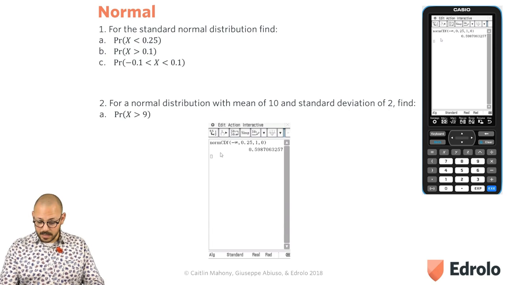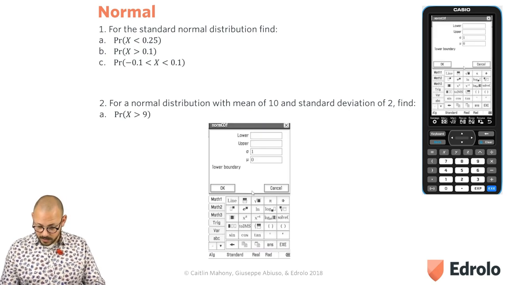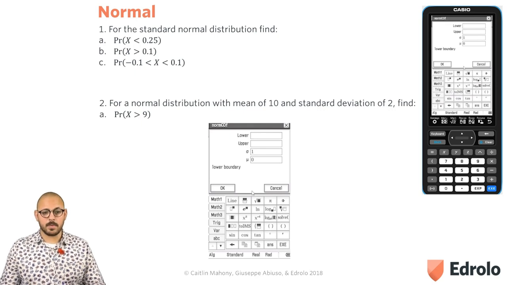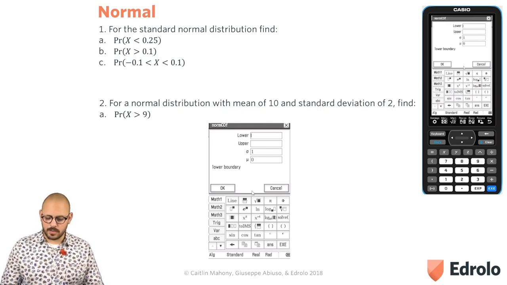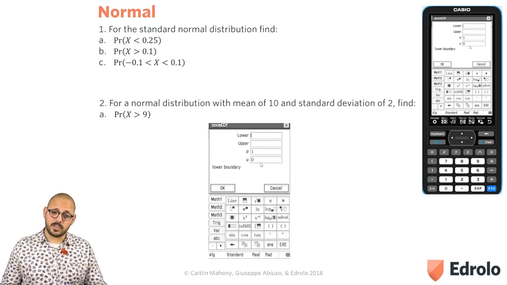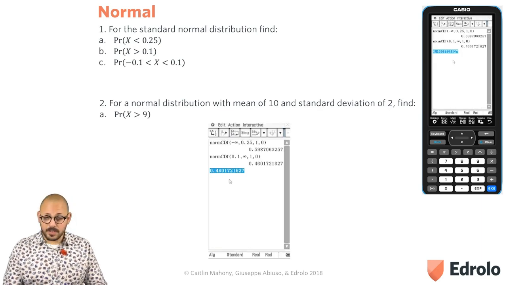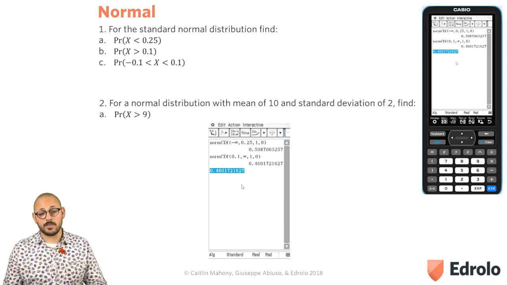Now again for part B. Again, continuous norm CDF. Now we want to find the probability that x is greater than 0.1. Keeping the sigma and standard deviation the same, because we're again working with the standard normal distribution, we fill in 0.1 as our lower bound and infinity as our upper bound and hit OK. And this is our probability that our value falls between 0.1 and infinity.